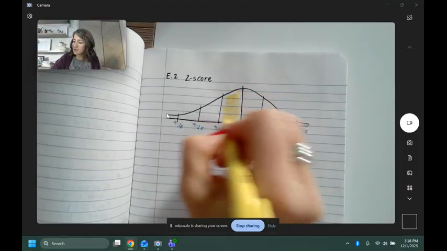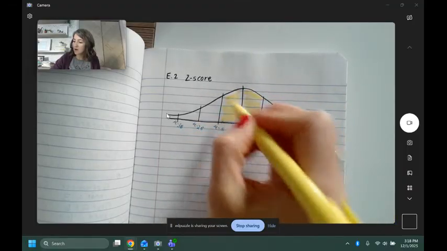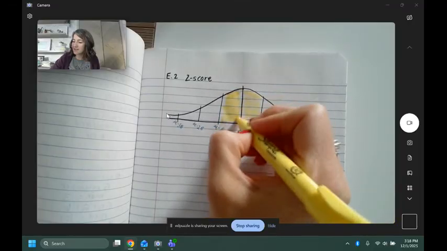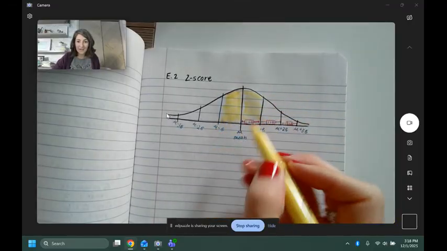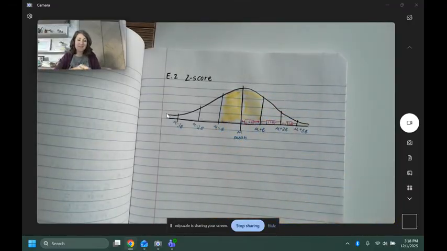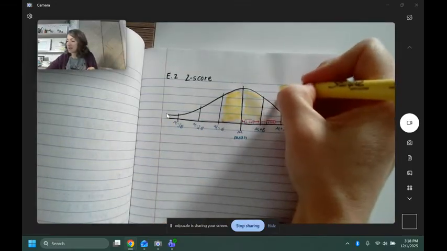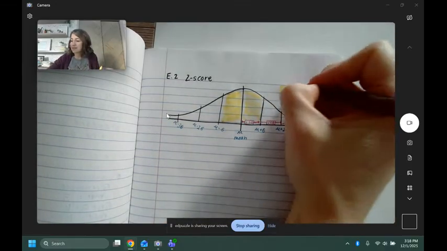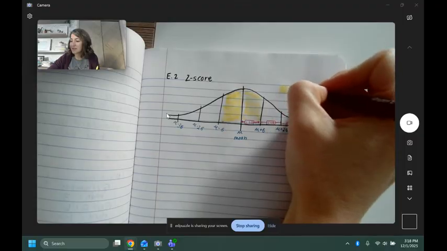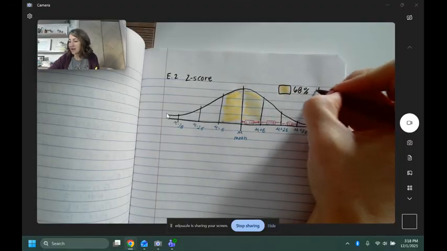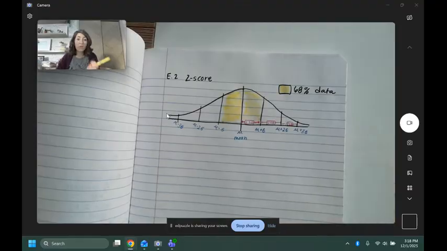So all the data that falls in these bins here and here, that is 68%.